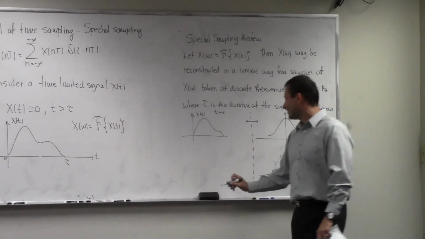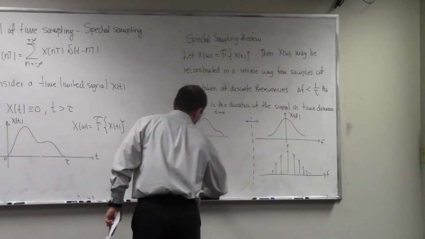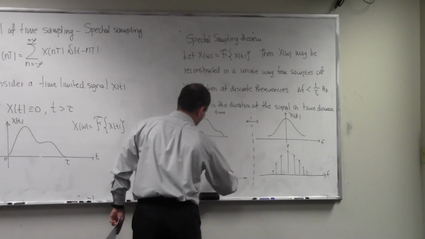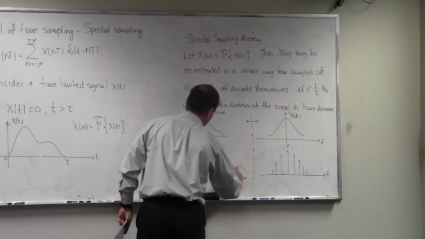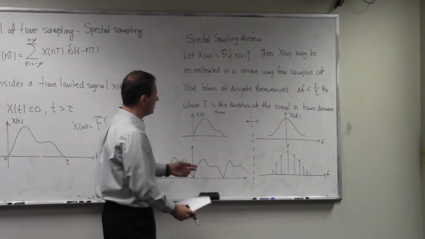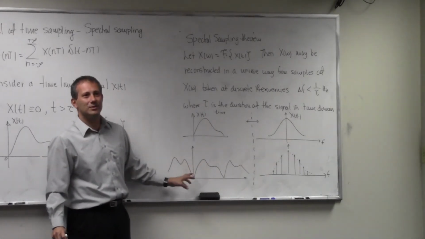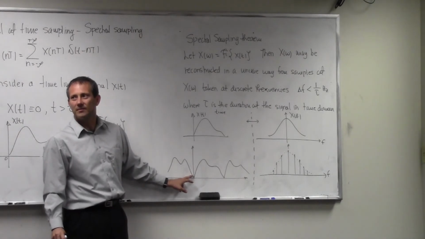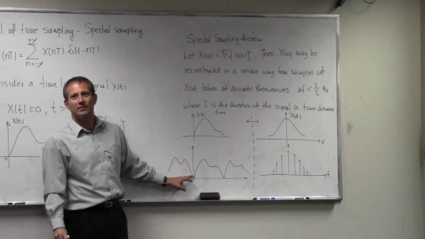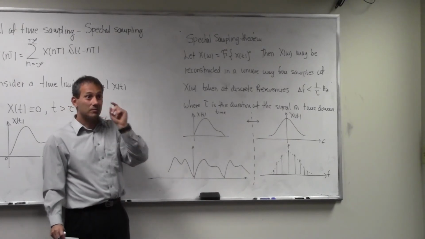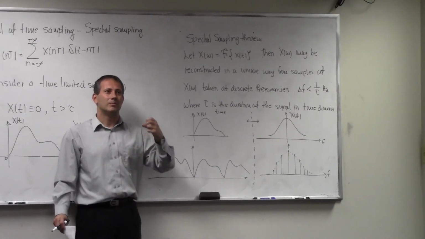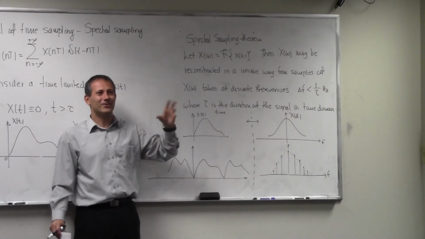So here is what I'm actually doing in the time domain. Now, when you see this, you can say, duh, right? Because this is a periodic signal. Periodic signal, Fourier series.